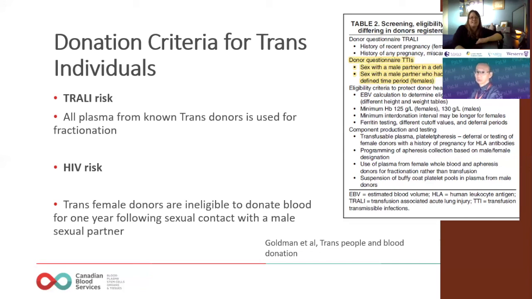However, there are some limited studies that suggest that HIV infection rates in trans women may be significantly higher than in cisgender individuals. And so for this reason, currently at Canadian Blood Services, we consider trans female donors who've had a male sexual partner as being in a high risk category. And as a result, a trans female donor will be ineligible to donate blood for 3 months since her last sexual contact with a male donor.